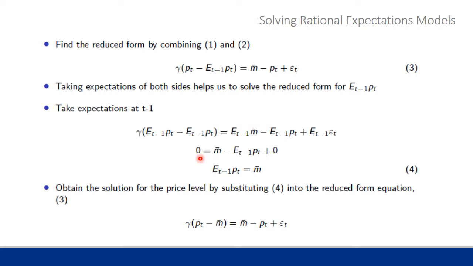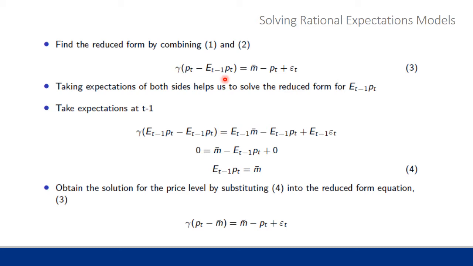So we can rearrange this equation to have our first solution for the expected price, ept is equal to m bar. Now, to obtain the solution for the price level, we can take equation 4 and substitute that into our reduced form equation. So we take this solution for ept and use it in the reduced form. And it's the same method every time.